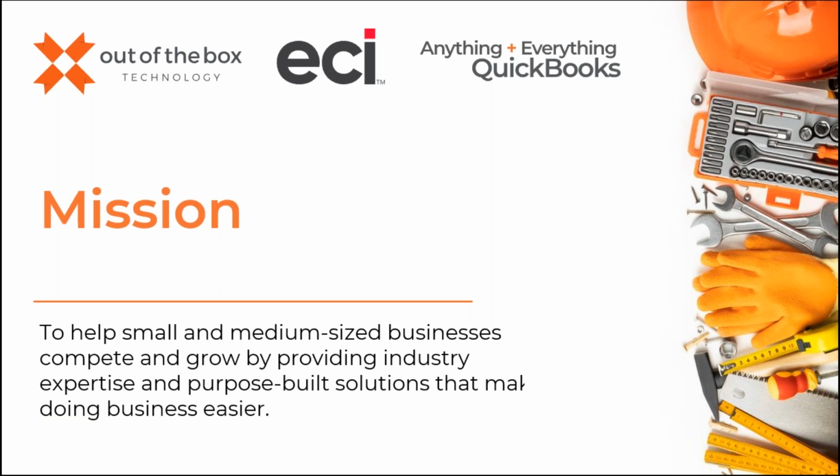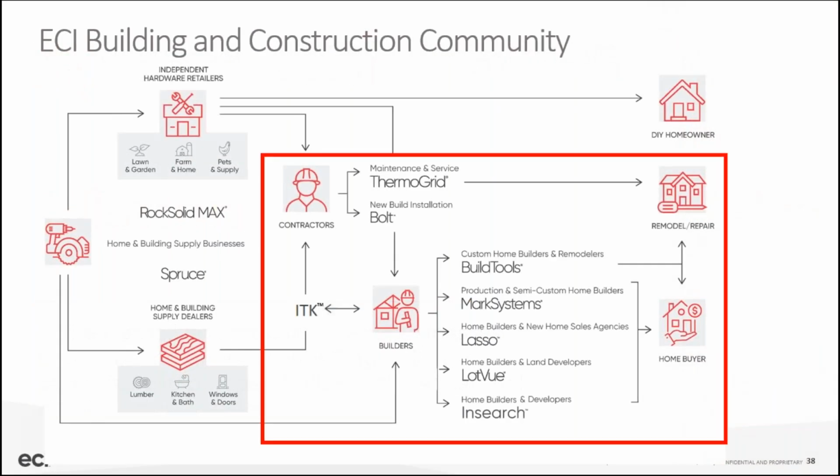So if we look at ECI holistically, and we really narrow into the construction area of ECI, you see some products listed across the board. The area that is inside this red box right here, these are the products that are going to help the construction sector that is tied directly into accounting systems. And so the Bolt and ThermoGrid product are used by contractors.